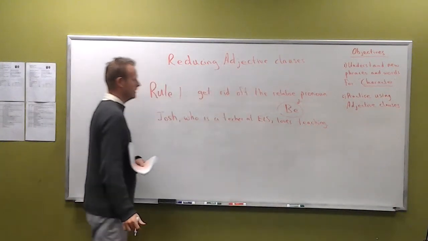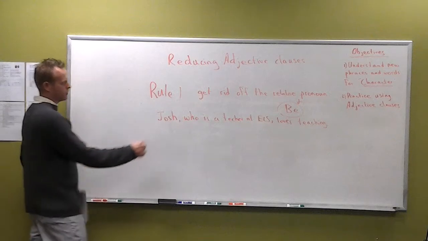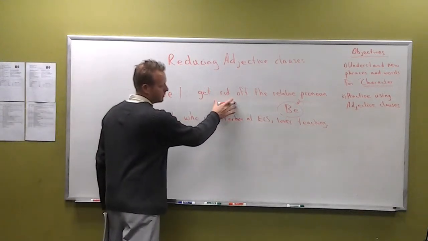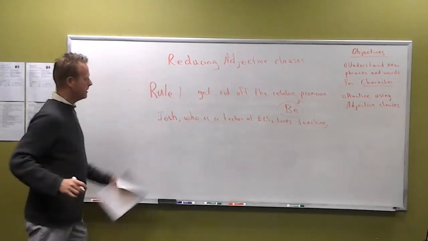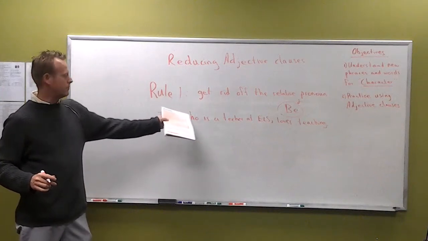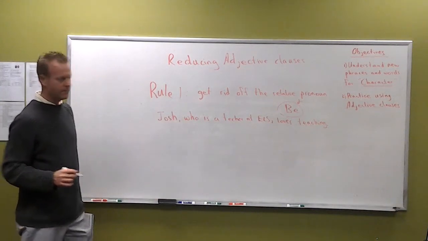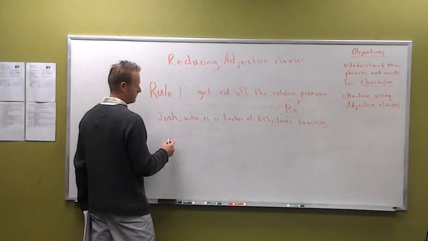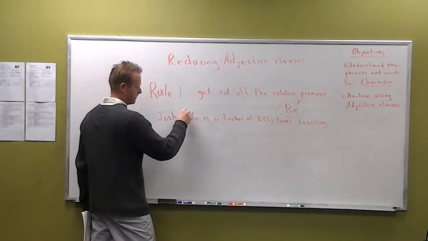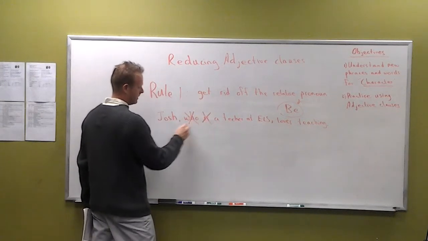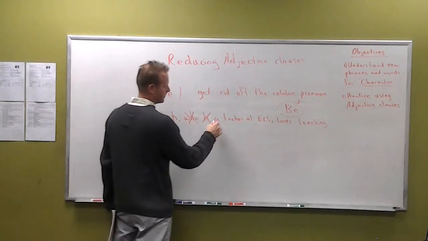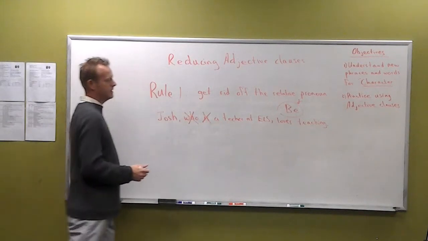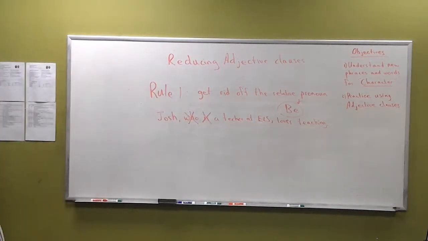So, if I want to reduce this according to the rule, now this only works when you have a relative pronoun and a be verb like that together. Okay? So what am I going to get rid of? Who is? Yes. And there's my new sentence. Josh, a teacher at ELS, loves teaching. Okay? It's that simple. So that's rule number one.